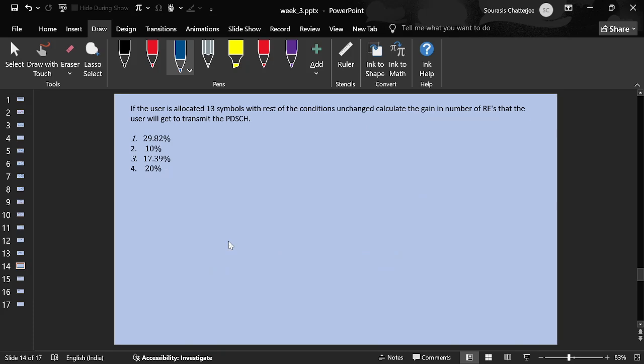So the same question, now it's told that the user is allocated 13 symbols. If you remember, in the earlier question it was 10 symbols. So what is the gain we obtain in terms of REs? How should I calculate that?